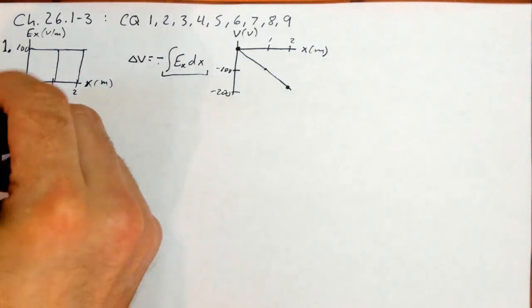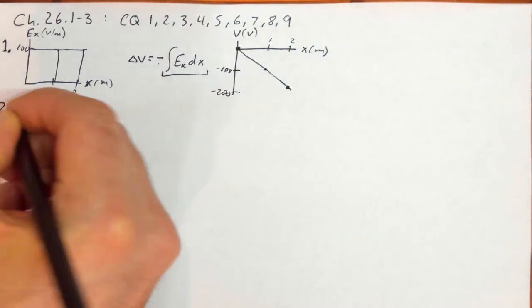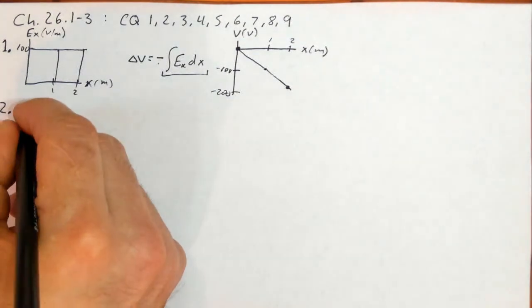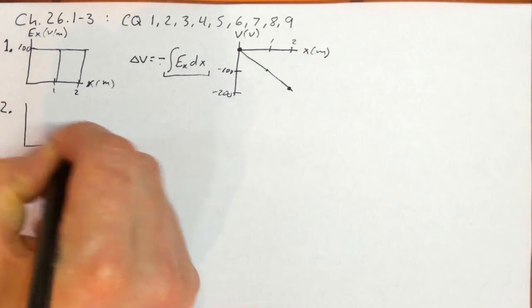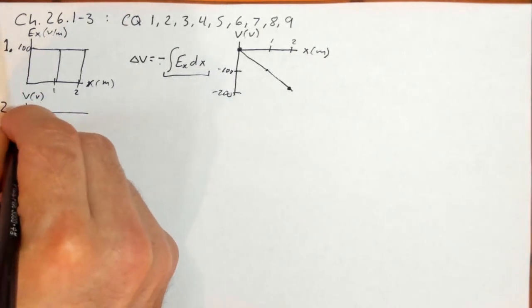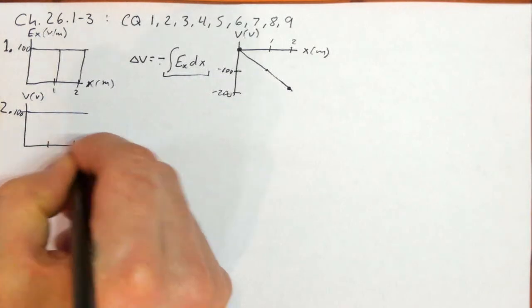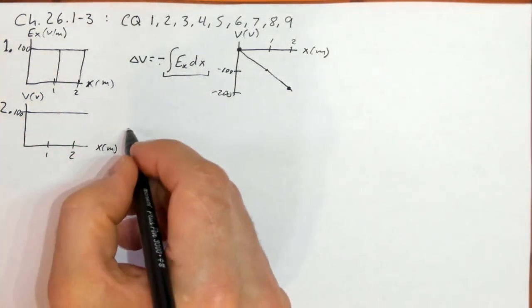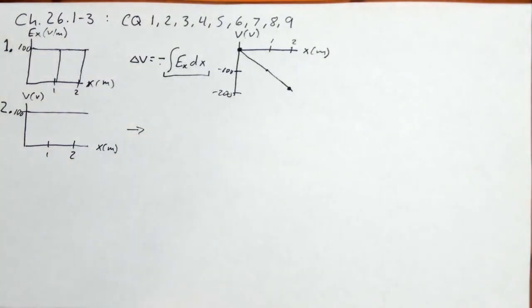So try and apply the same ideas to number 2. Okay, in this case, our potential graph is constant at 100 volts over 2 meters. And so what does the electric field graph look like?